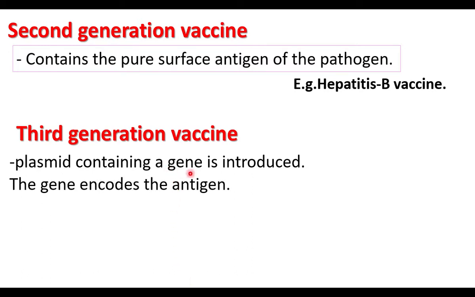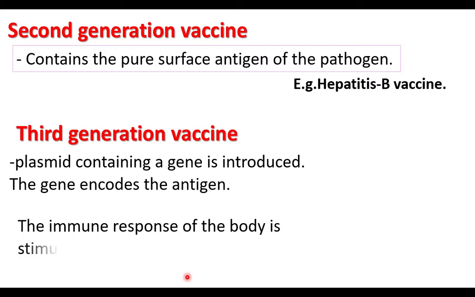The gene causes the production of antigen. So the antigen is produced inside by the host cell. So the immune response of the body is stimulated by a DNA molecule.